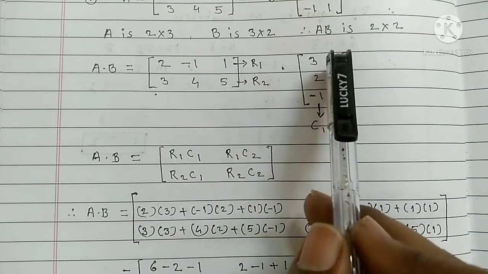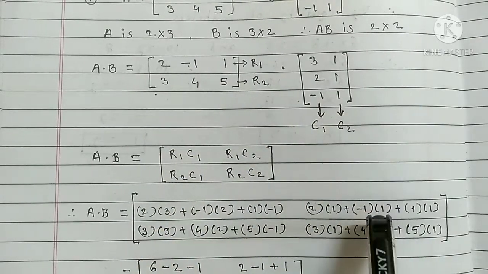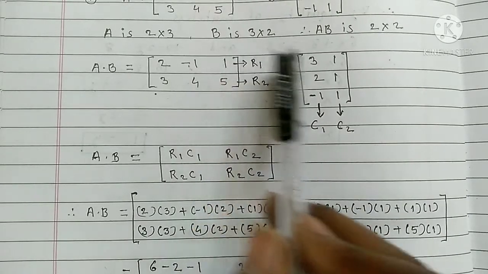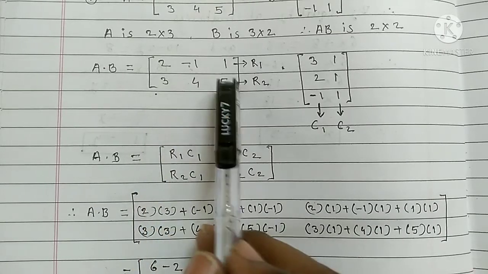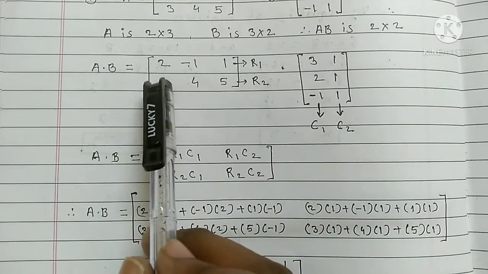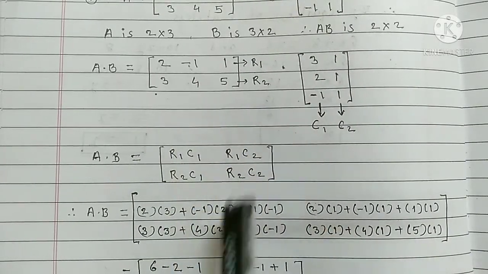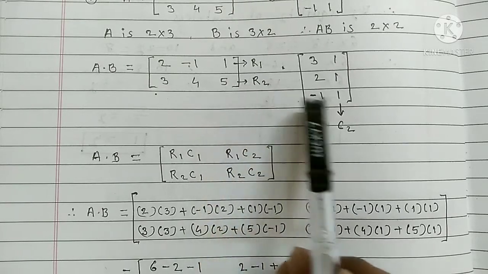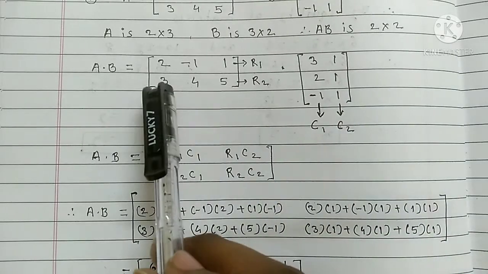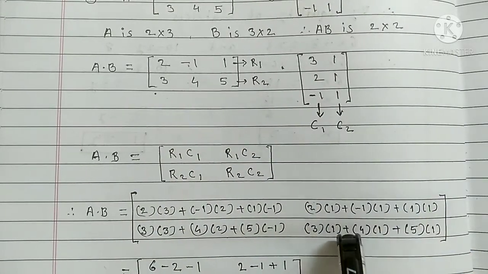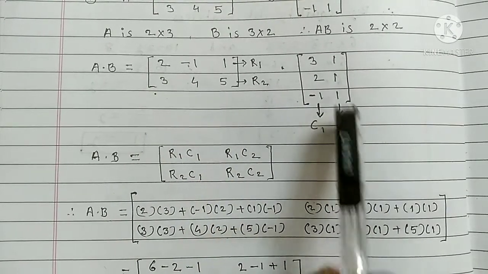So 2 into 1, then plus, minus 1 into 1, plus 1 into 1. Then next step is second row first column. So 3 into 3, plus 4 into 2, plus 5 into minus 1. Then next is second row second column, 3 into 1, plus 4 into 1, plus 5 into 1.